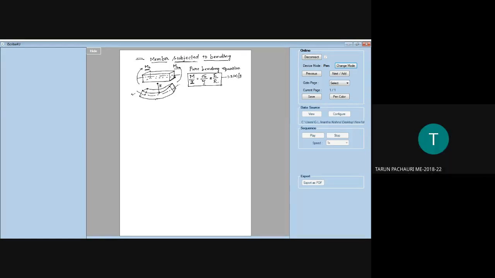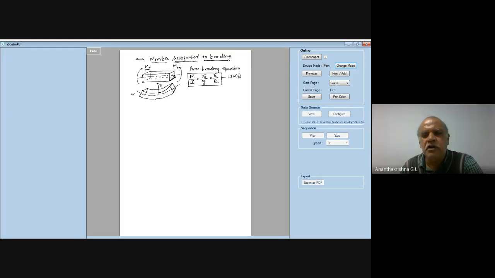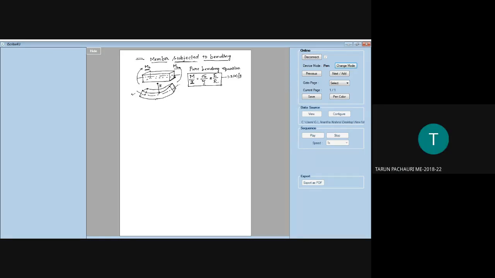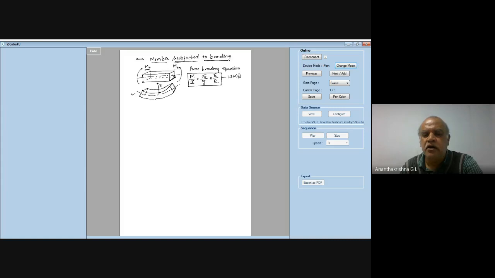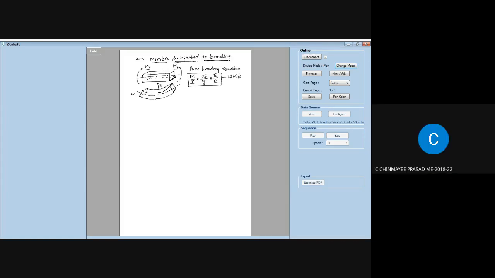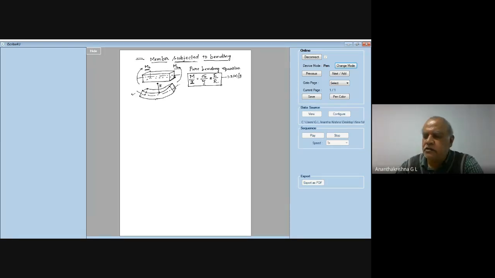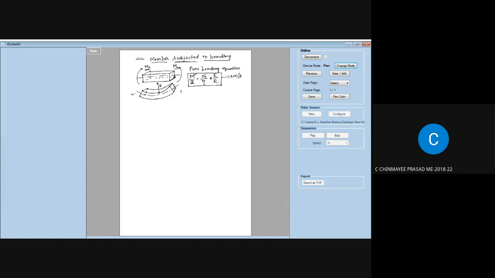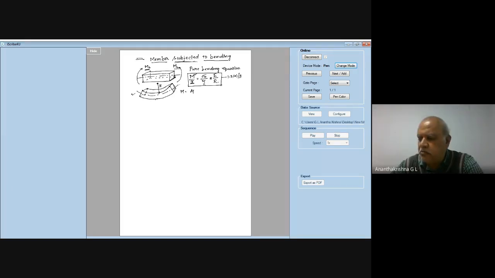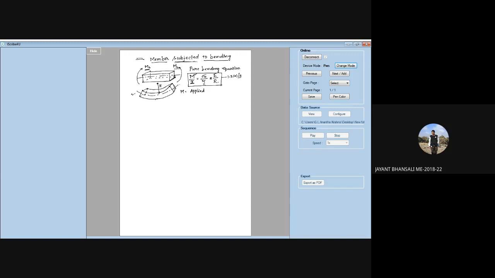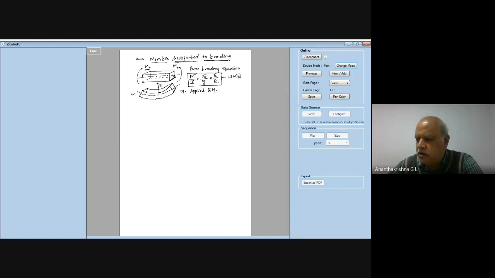Yeah? Bending moment. Are you walking outside and listening or what? No, sir. Okay, that's fine. Chinmay, have you seen this equation earlier? Yes, sir.